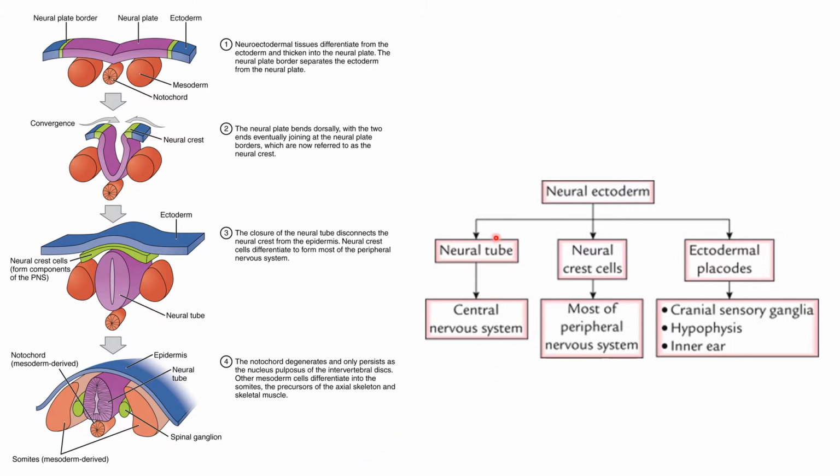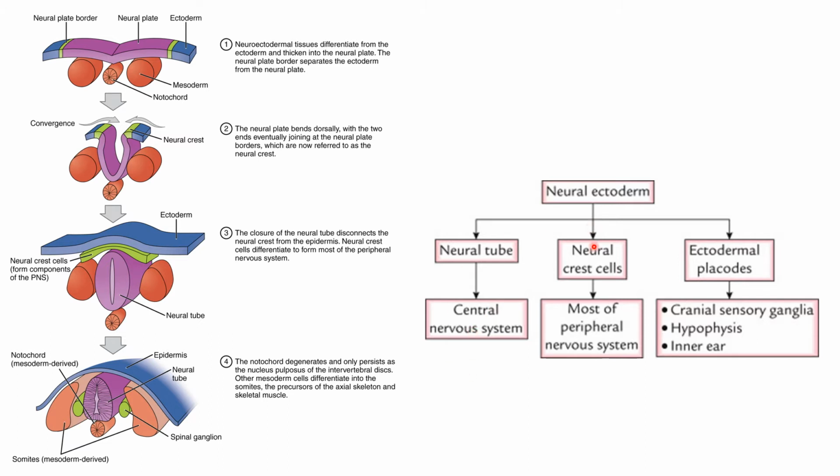Now let us see what structures the neural plate, which is formed from the ectoderm and called the neural ectoderm, gives rise to. It gives rise to the neural tube, as we have studied earlier, and this forms the central nervous system comprising the brain and spinal cord.